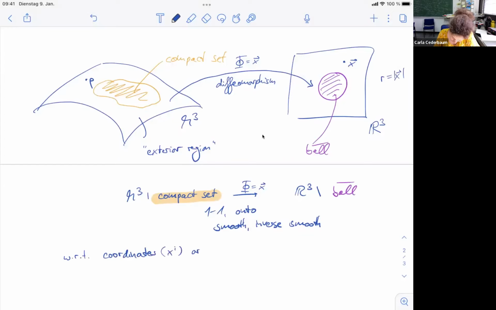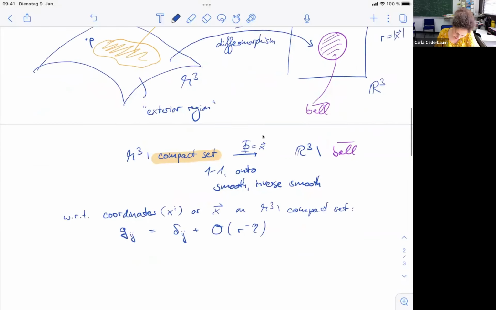Okay, so with respect to these coordinates x^i on M3 outside my compact set, I want that the components of the metric in these coordinates look like delta_ij plus terms of the order r to the power minus eta. I'll explain in a second.